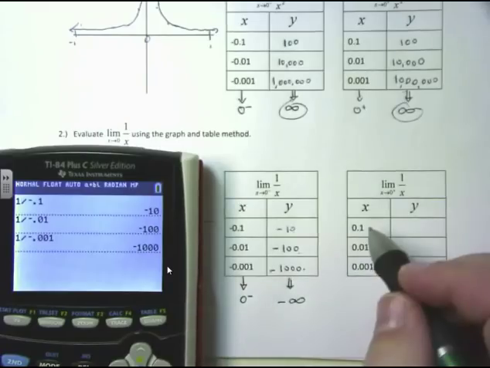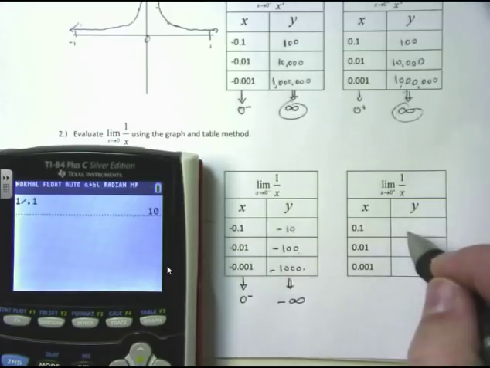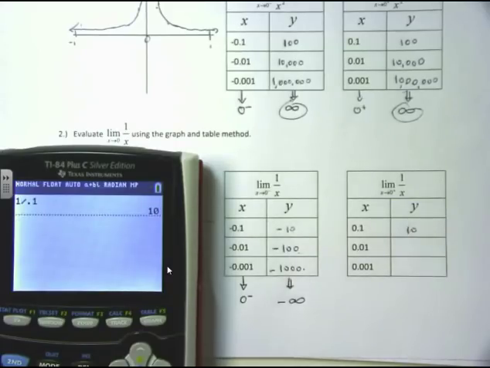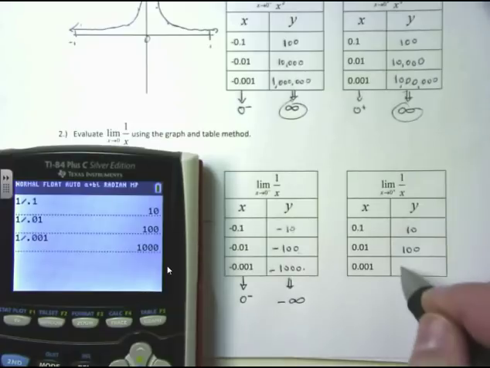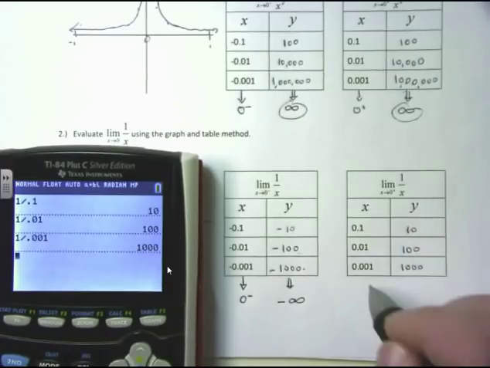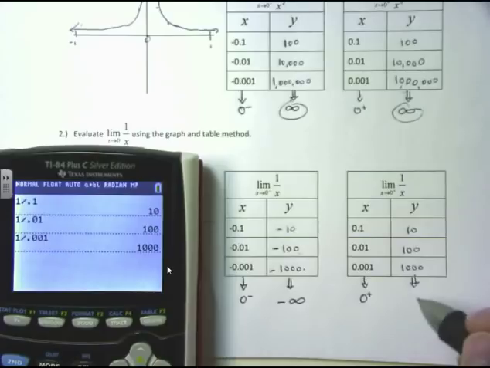But now if I plug in positive numbers, 1 divided by 0.1 is positive 10, and 1 divided by 0.01 is positive 100, and 1 divided by 0.001 is 1,000. So as x approaches 0 from the plus side, I'm going from 10 to 100 to 1,000, and the next ones would have been 10,000, 100,000. It's going up to positive infinity.